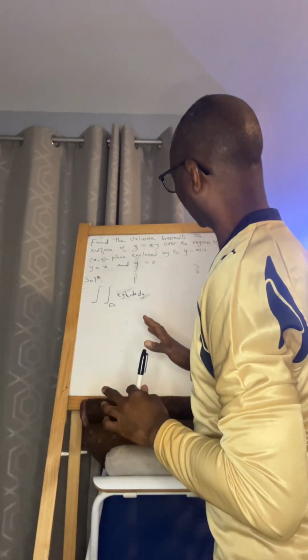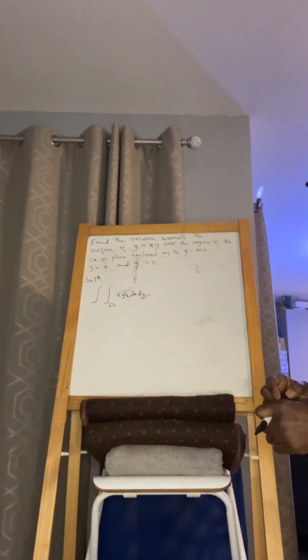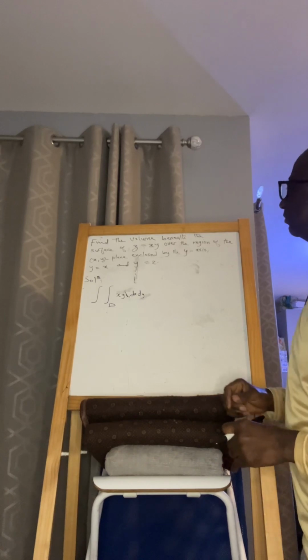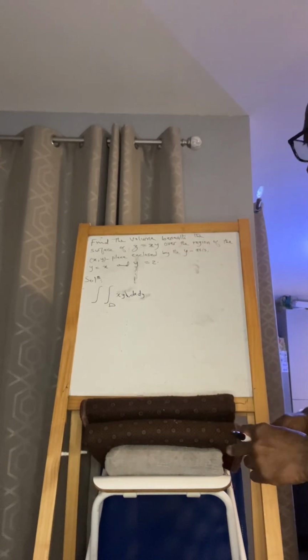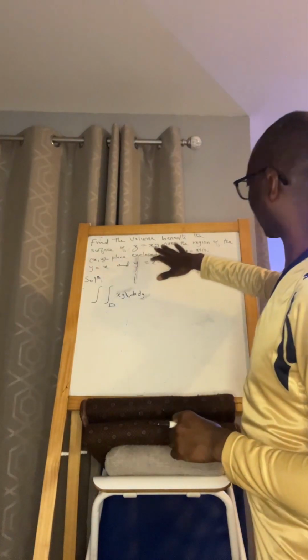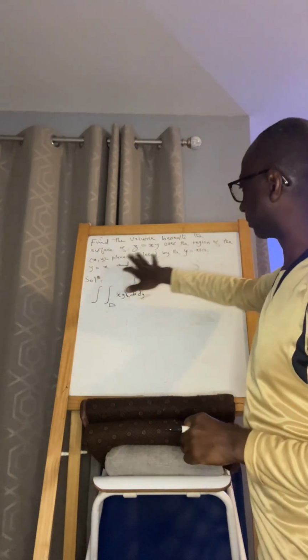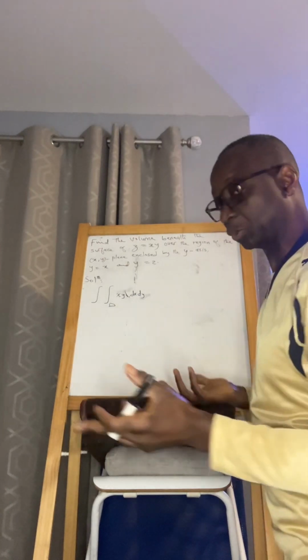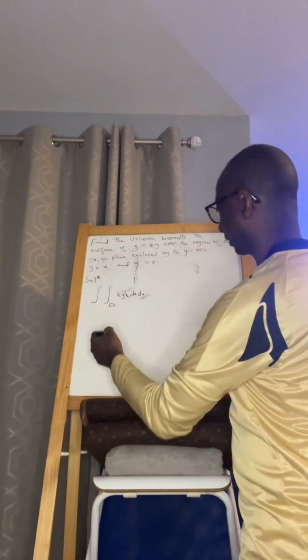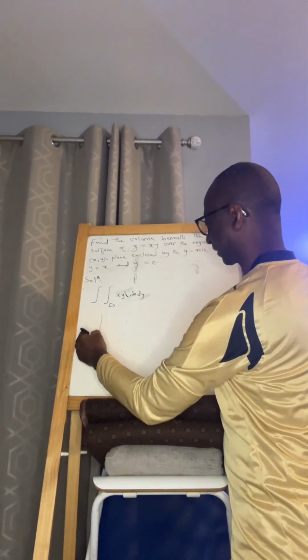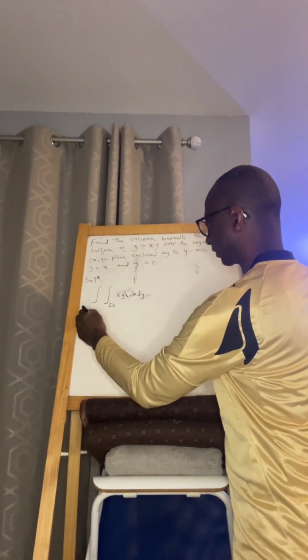So let's go a little bit further by sketching this graph they are talking about. z equals xy over the region of the xy plane enclosed by the y-axis. When we want to plot graphs like this, we do our Cartesian coordinates.